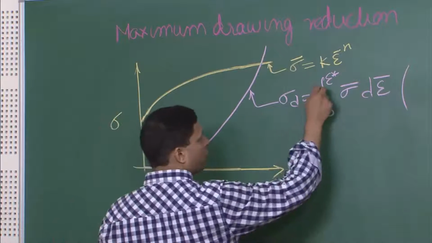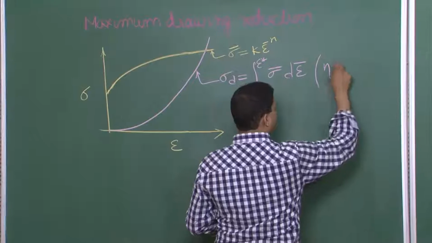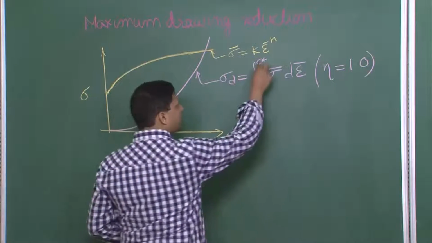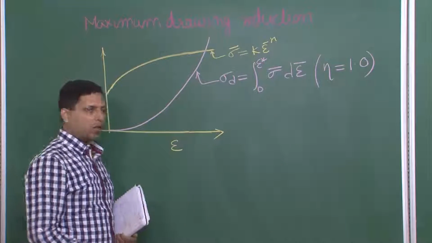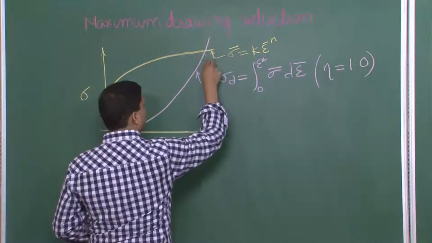If you see, we have not put 1 over eta at this point, which means we have said that eta is equal to 1.0. And this epsilon star is the critical strain up to which we can go, and it is this strain.